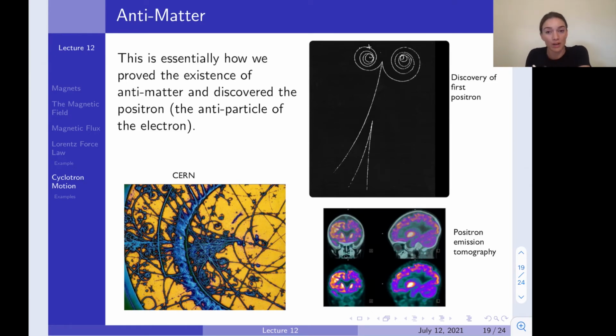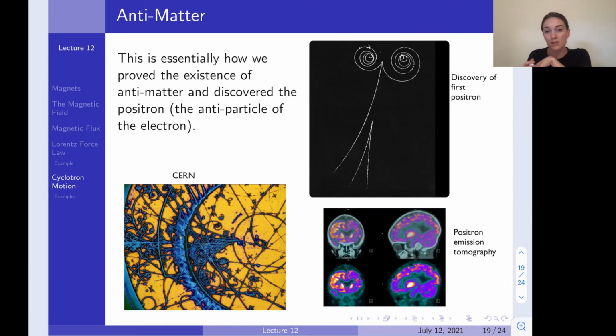So they make those radioactive isotopes, where they can see different things in your body, using a cyclotron. And a lot of hospitals that do this will actually have a cyclotron in the hospital, because these radioactive solutions don't stay radioactive for long, so they have to make the radioactive material and then immediately give it to the patient. So they have to actually have cyclotrons in their building or very close to it.